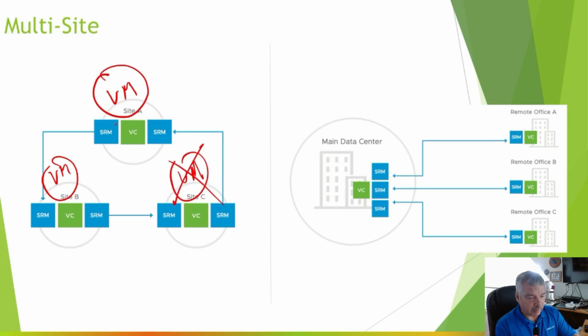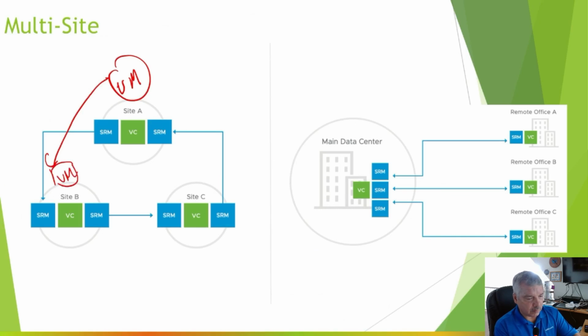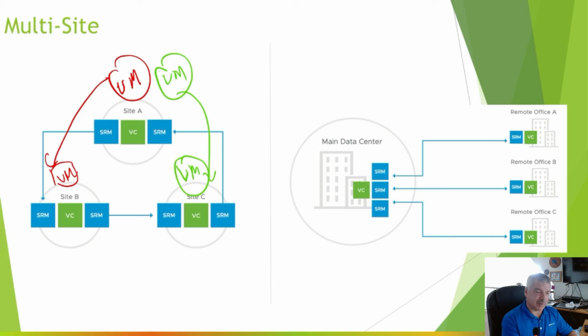So I might have some VMs being protected on site B, and some VMs protected on site C, and some VMs over here being protected. You'll notice there's a copy of SRM, two copies, in each site. You could do something like this. Anyways, I'm not sure how useful that could be.